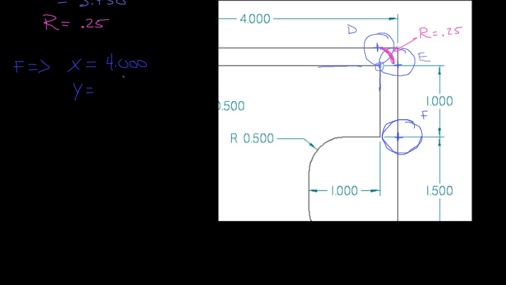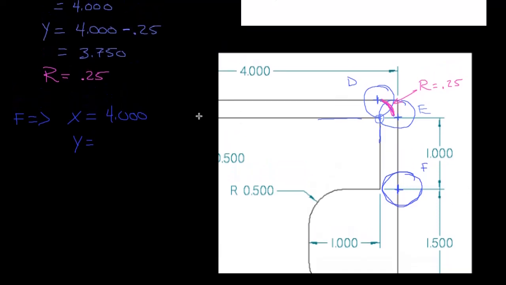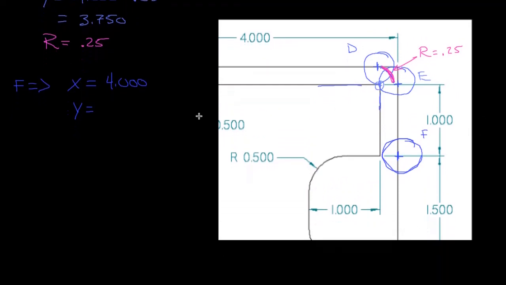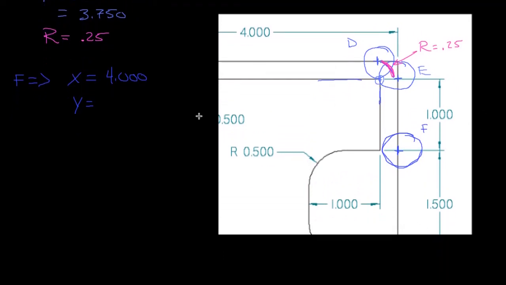So it was at a position of 3.75 inches from point E, so it's going to be 1 inch lower than that. 3.75 minus 1 inch is equal to 2.75. And it's a straight line, so there is no arc.